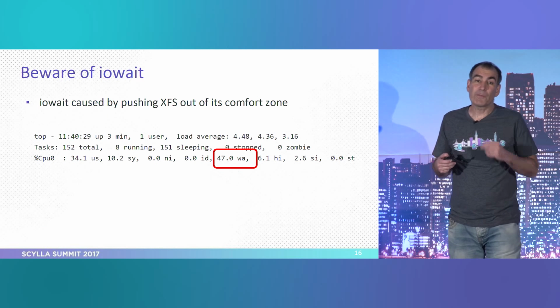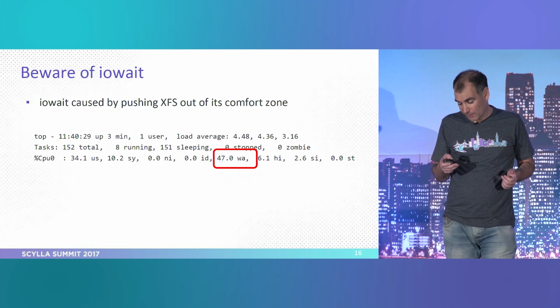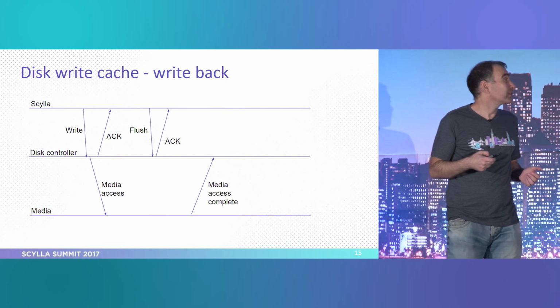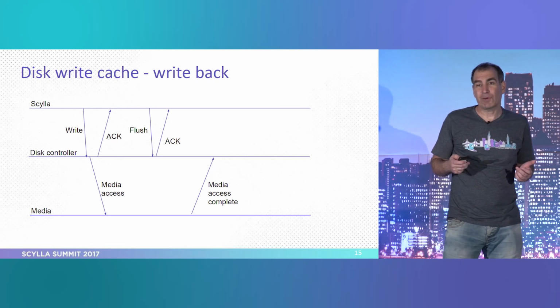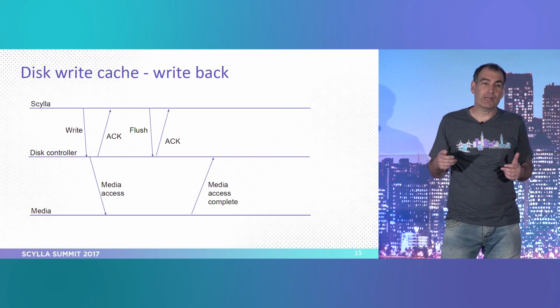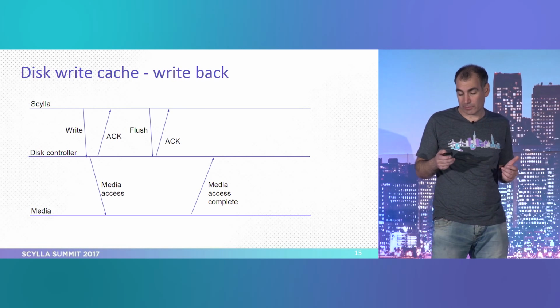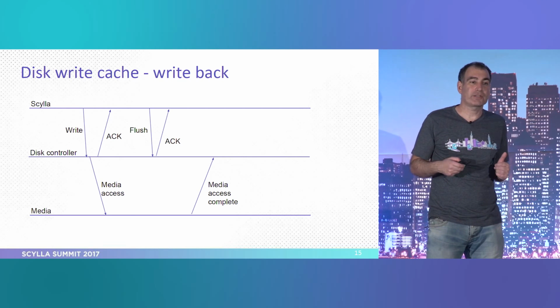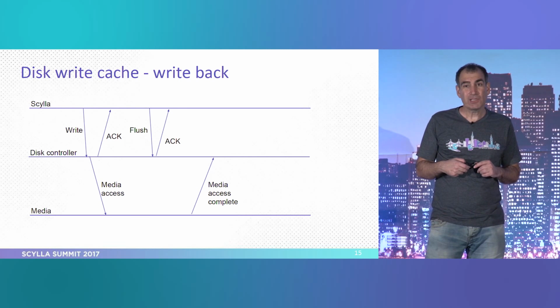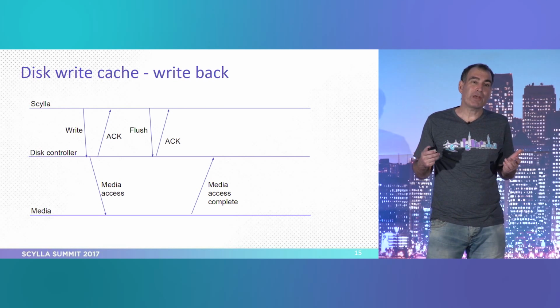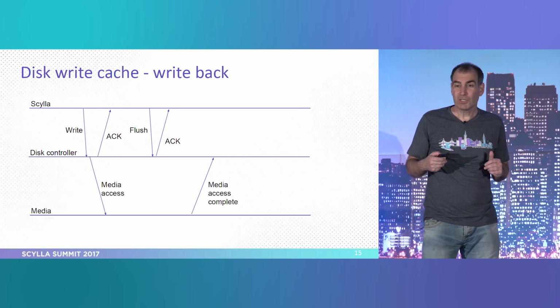All right, so what can you do about write back and write through? Most enterprise disks have a write-through cache, and you can see that by looking at the sysfs file. And if you have that, then you're good.